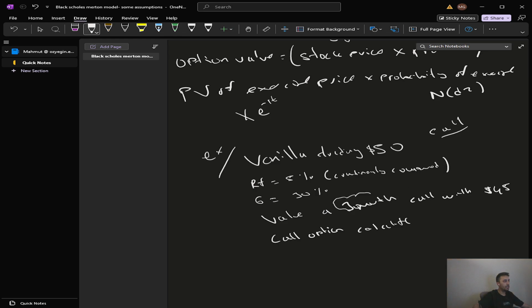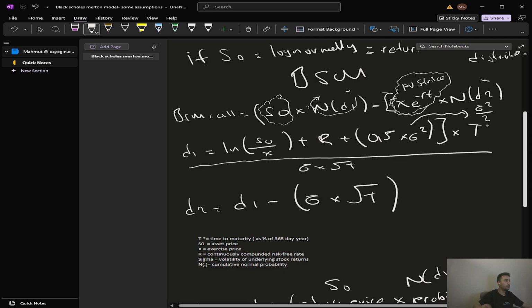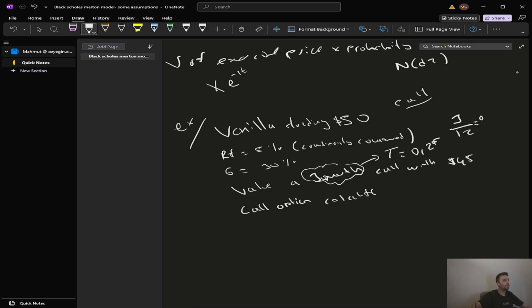Calculate the option. T is 3 months over 12, which is 0.25. We have 12 months in a year.